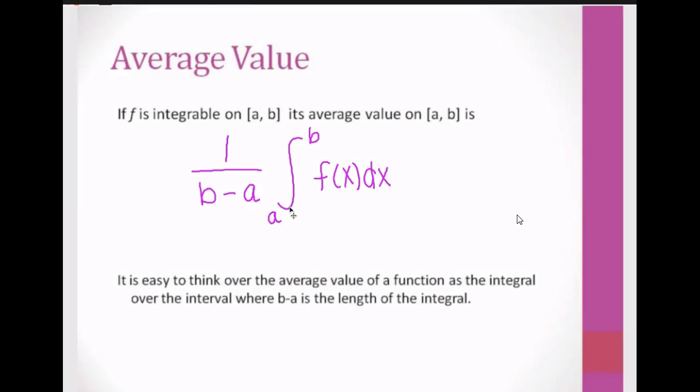I feel like the average value of an integral is very logical. It makes sense how you get it. Think about how you find averages back in the day. You sum up all the totals divided by the number of totals. Well, here in this equation, we sum up all the area divided by the length of the area to give me the average area.